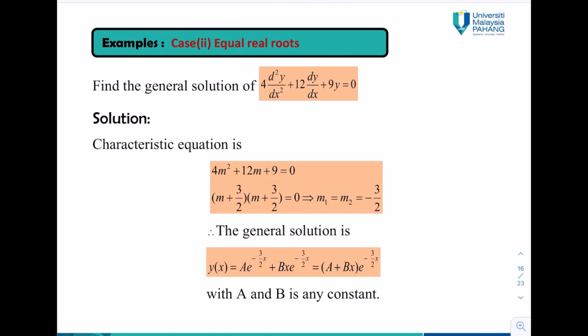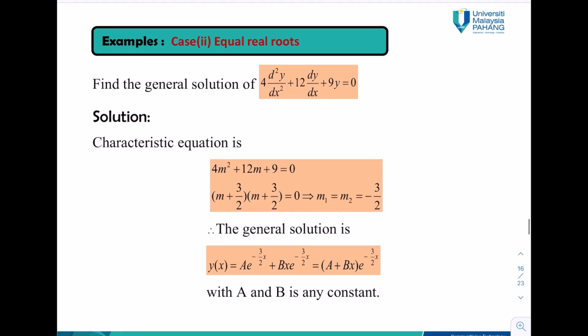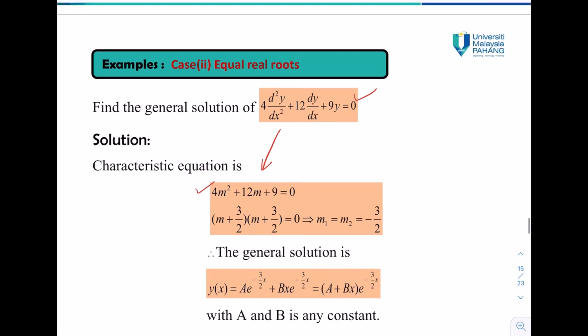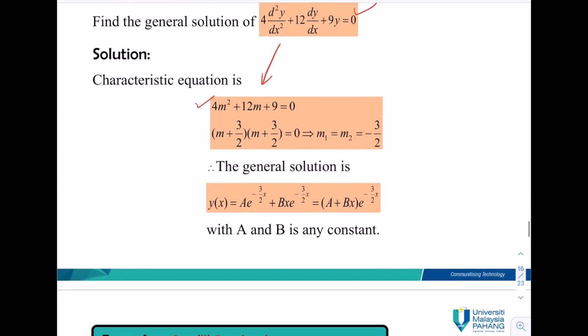Now this is the second case, which is equal real roots. We have this one as the question. Obviously the characteristic equation will become 4m squared plus 12m plus 9, right? You just have to replace the notation to be m. Then by using the calculator, you will have m equals minus 3 over 2. Obviously just one root.